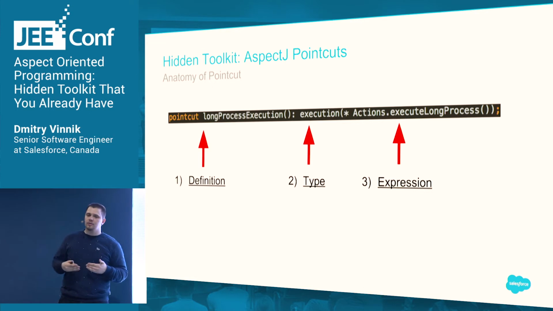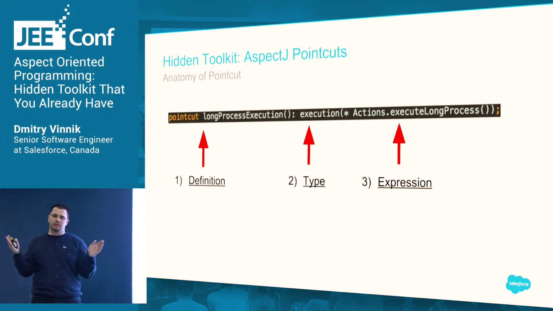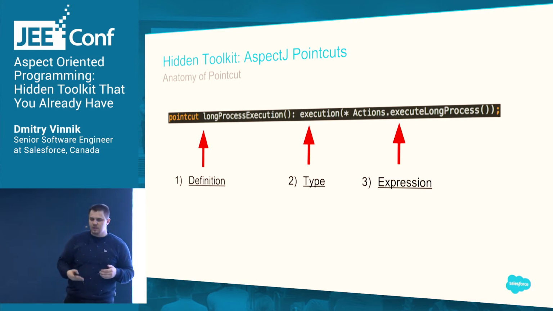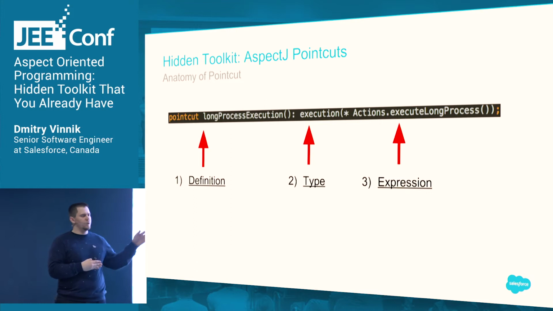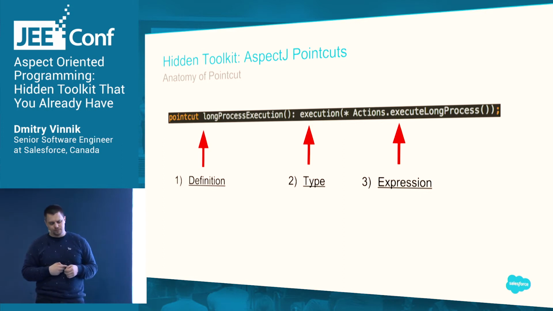The next part is, of course, to have a type. Basically, the second part after the colon is what defines the actual binding. Everything before just defines availability of this pointcut. The execution in this case is a type of binding that I'll cover in the next slide. And the last part of any pointcut is to have an expression you're looking for.